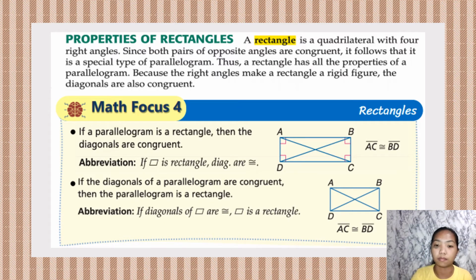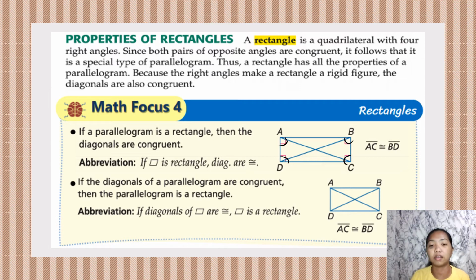So angle A is congruent to angle C, angle B is congruent to angle D, and all the properties of a parallelogram are present in a rectangle, because remember that a rectangle is under a parallelogram. Also, if a parallelogram is a rectangle, then the diagonals are congruent. Conversely, if the diagonals of a parallelogram are congruent, then the parallelogram is a rectangle.